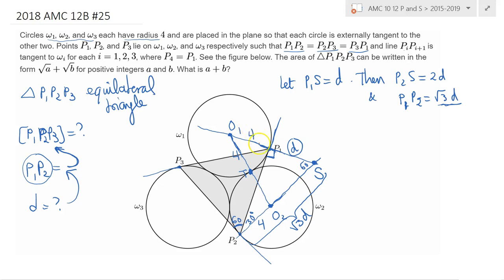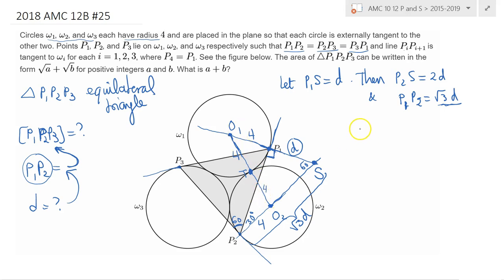Instead, let's focus on triangle, say, O1O2S. So yes, definitely. We will apply the law of cosines on triangle O1SO2. That should do it. We know what O1O2 measures. O1T is 4. O2T is also 4. So that's good.